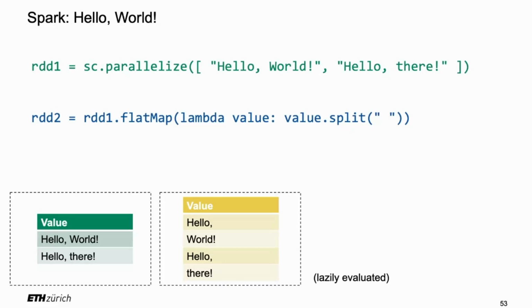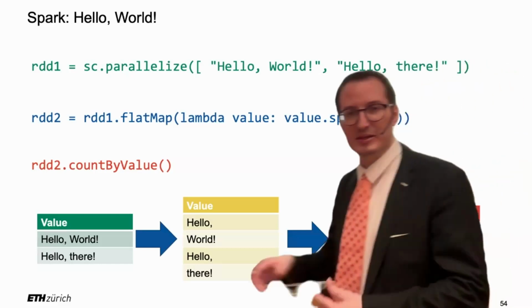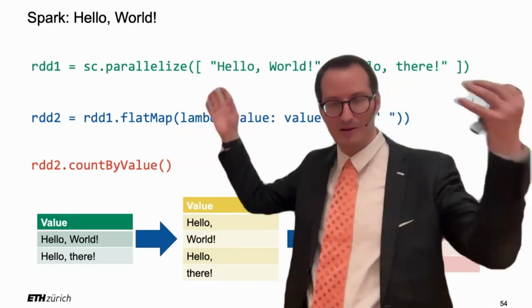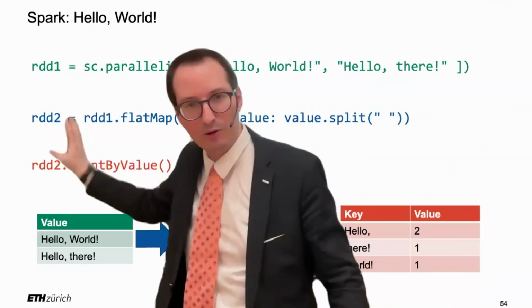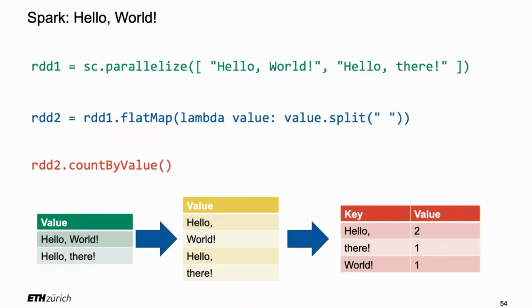All right. And then we can display it in our Jupyter notebook. So now I say RDD2.countByValue. It's an action. It's documented as an action. What's going to happen then is that the moment you press enter in your Jupyter notebook, the whole cluster sets into motion and is going to compute this, this, and this, and magically shows that in your Jupyter notebook. Right. For whom is that clear?